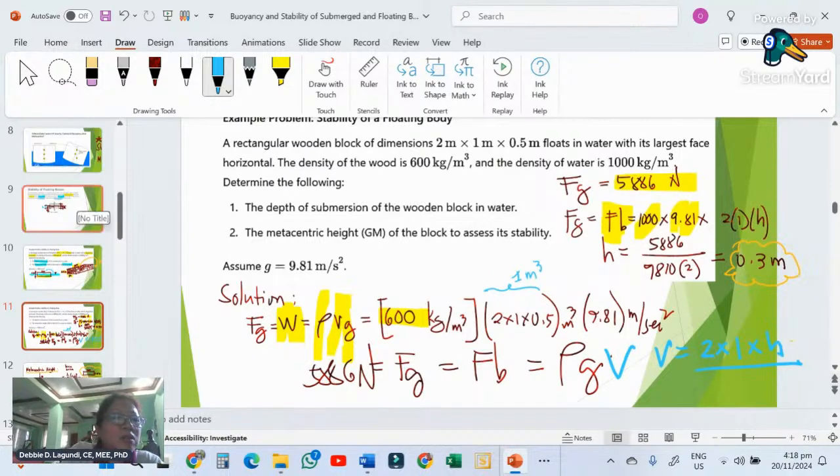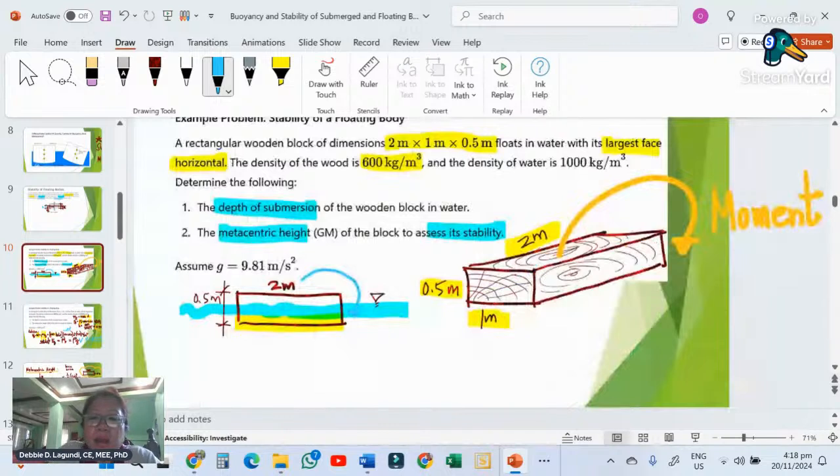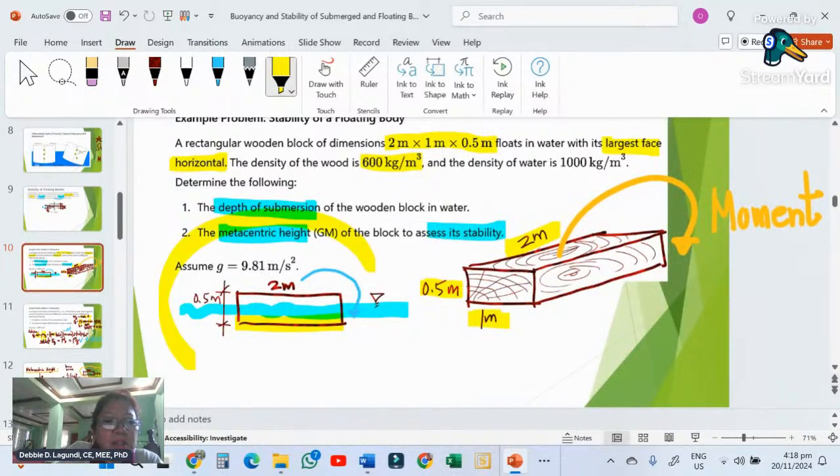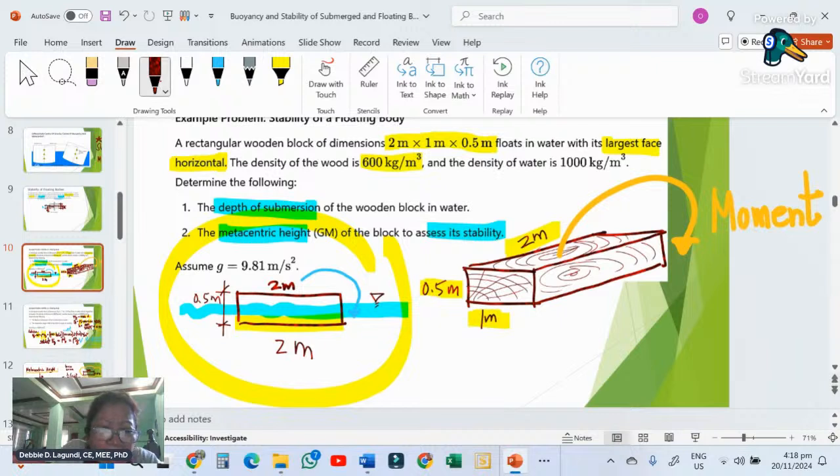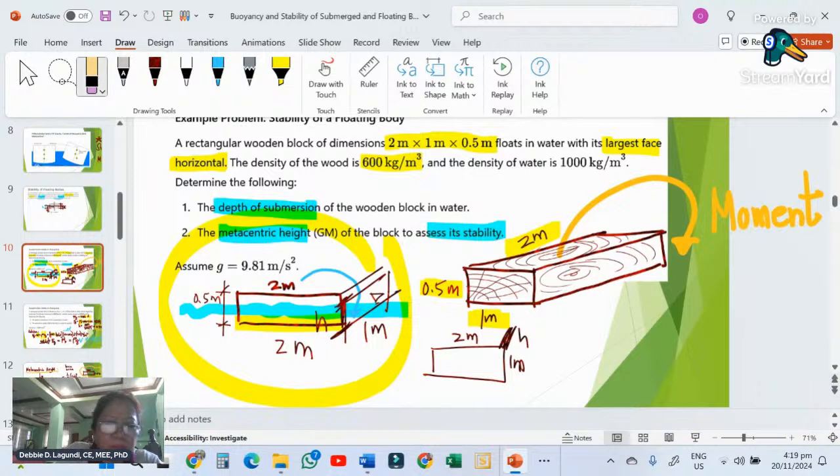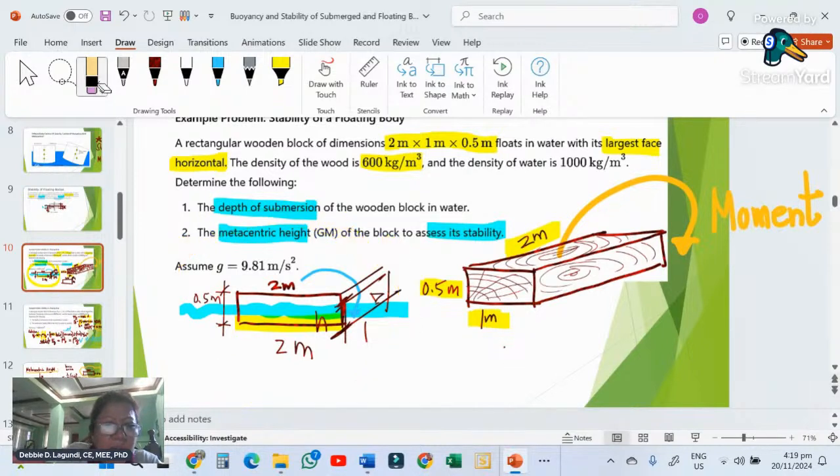Let's go back to the illustration. The submerged part will be 2 here, and this one is 1 meter, and we don't know this height. If you look below, this is 2 meters, this is 1 meter, and the height here is H.